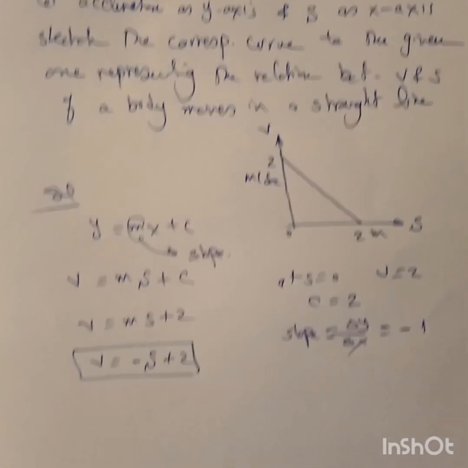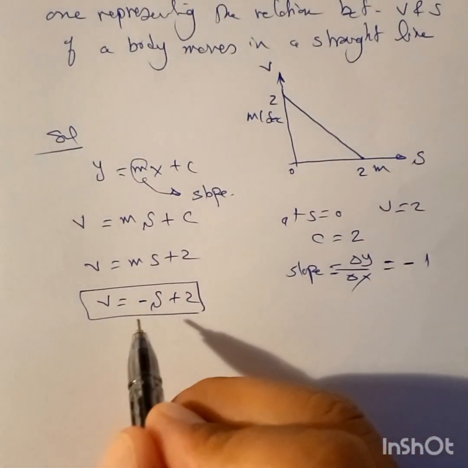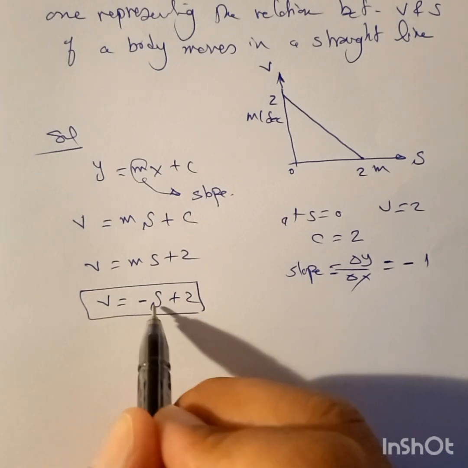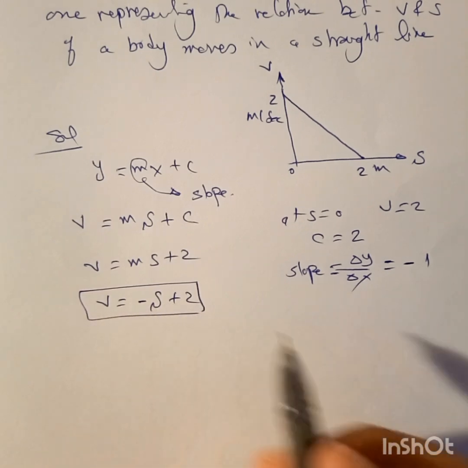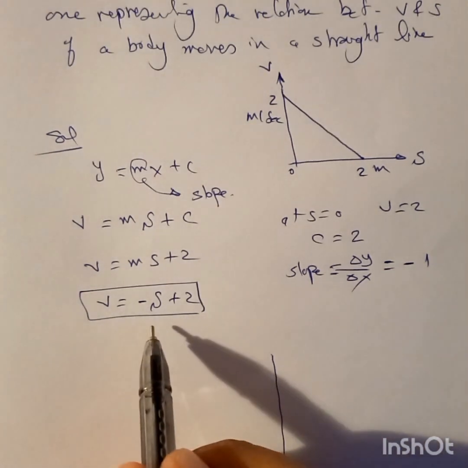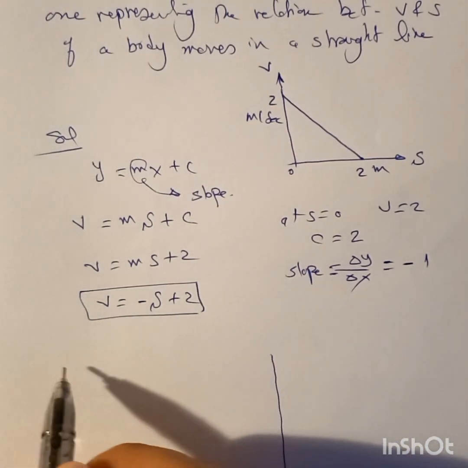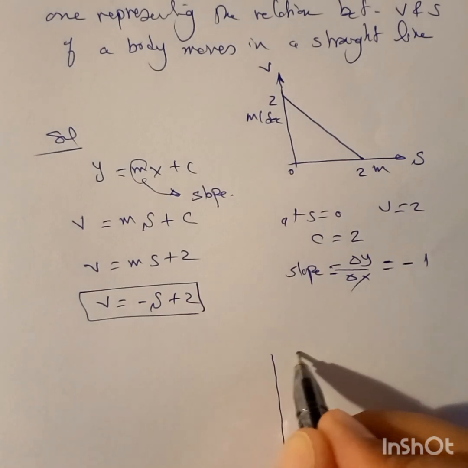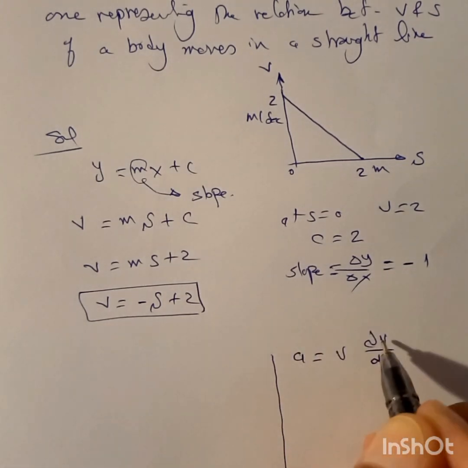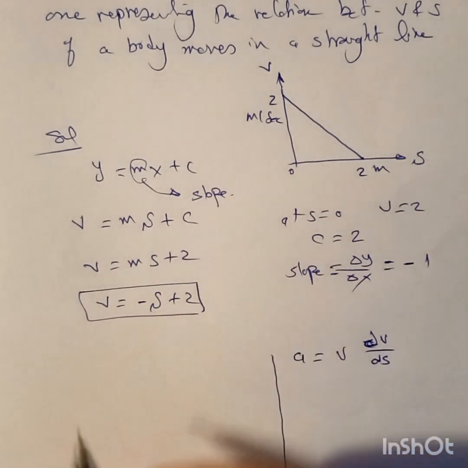Now we need to convert this relation between v and s to a relation between acceleration and s. We have two approaches we can use. First, acceleration equals v dv/ds, as velocity is a function of displacement.